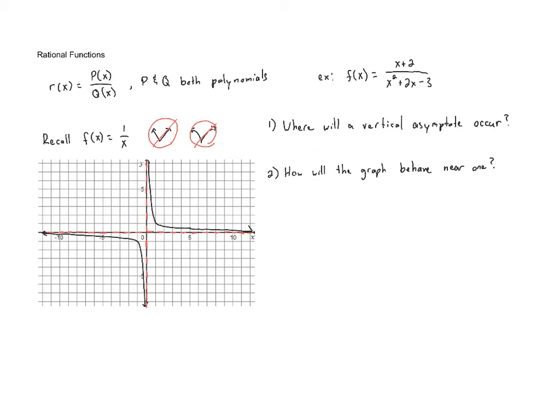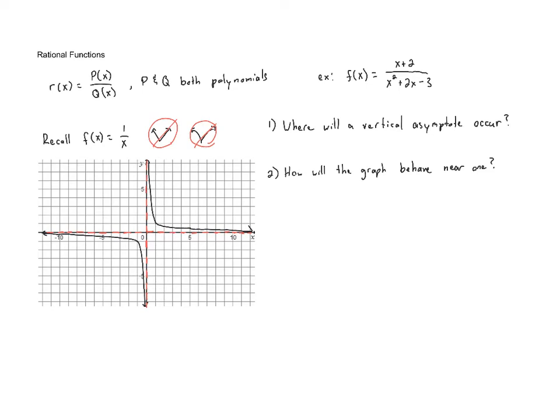The first one, where will a vertical asymptote occur? Well, if we look at f of x equals 1 over x, the reason we have a vertical asymptote at x equals 0 is because the function is undefined when x equals 0, because the denominator is equal to 0 when x equals 0. So in other examples or other cases, we will generally have a vertical asymptote when the denominator is equal to 0, because at that point we know that the function is undefined.